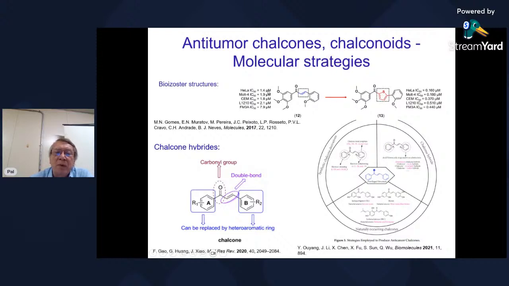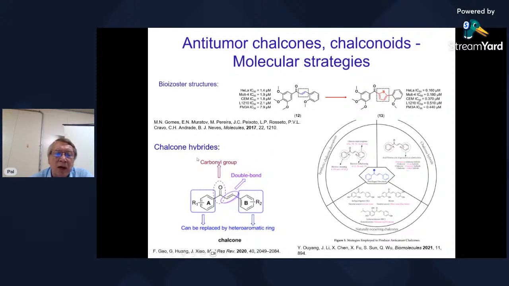If you compare these IC50 values, you can see that such a modification of the chalcone structure with this bioisoster heterocyclic ring resulted in the same, in most cases much better, selective cytotoxicity towards the investigated cancer cells.